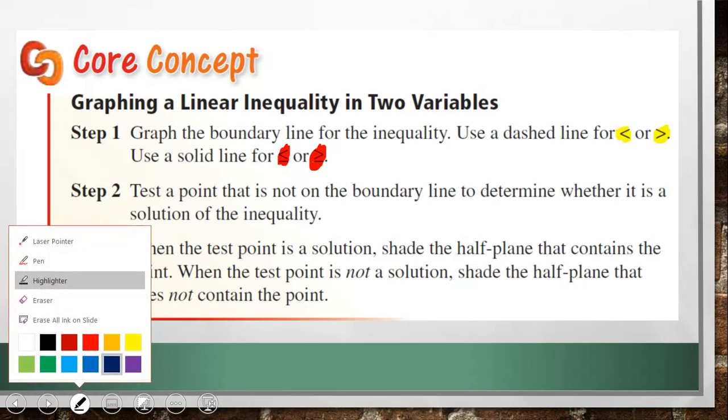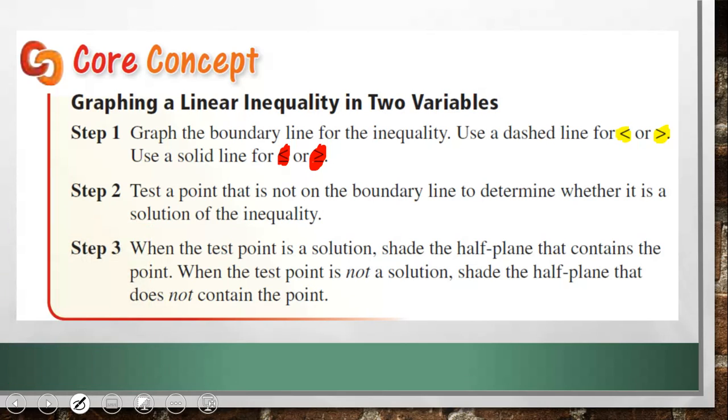The second thing, and the notes here describe one way that you can do to determine, is which way to shade. I like to think of it as either shading above or below the line. So when we have a greater than or equal to symbol, we're going to shade above the line.